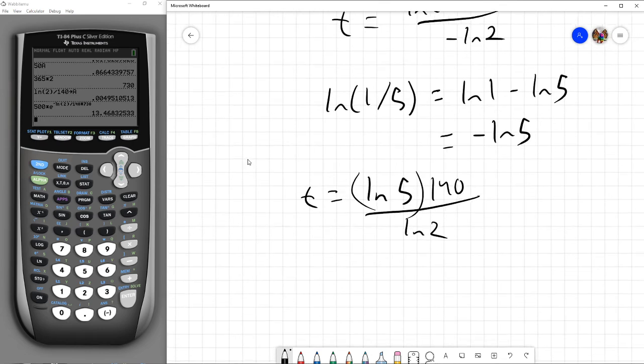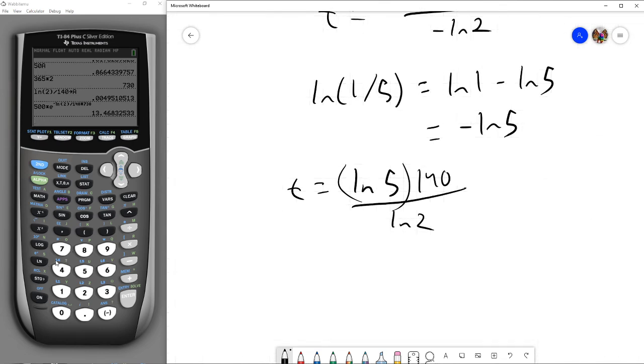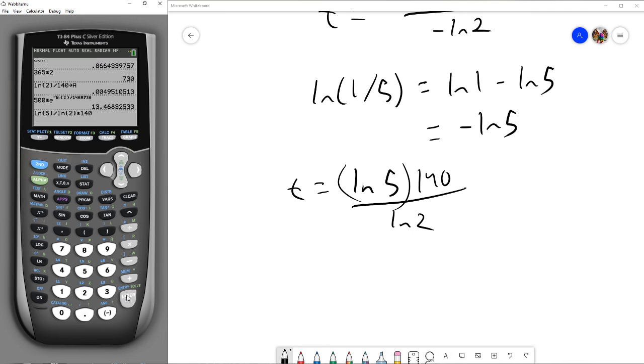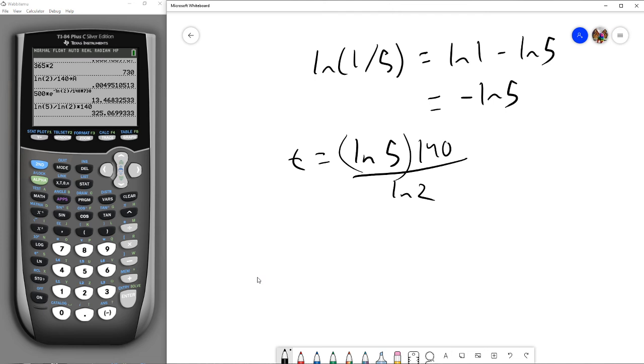Let's figure out what this value is. So natural log of 5 divided by natural log of 2, I forgot my 2 in there, times 140. Alright, so if we remember, t is in days, so t is approximately 325.1 days.